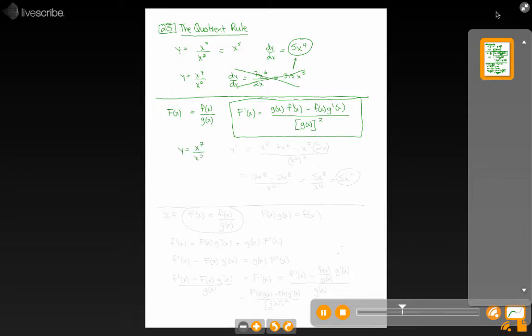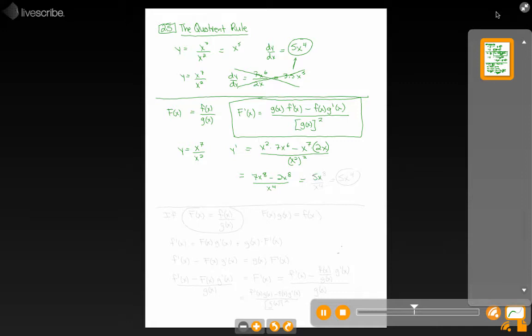So that's a bit of a handful. If we use it for the one above, which again you obviously wouldn't need to use it for, but just to see how it works, the derivative should be the bottom function times the derivative of the top minus the top function times the derivative of the bottom, divided by the bottom function squared. So let's simplify that a little bit. I've got 7x to the 8 minus 2x to the 8 over x to the 4.